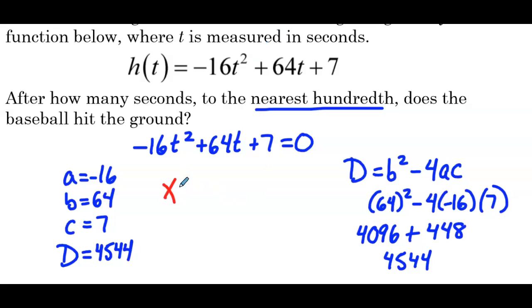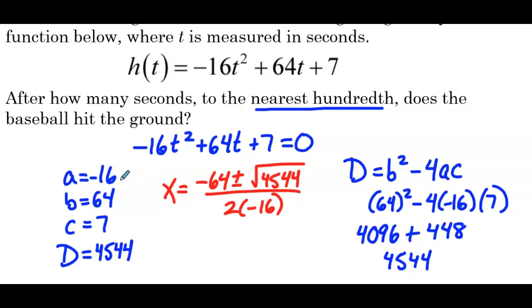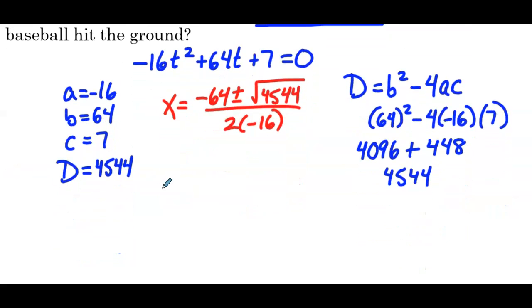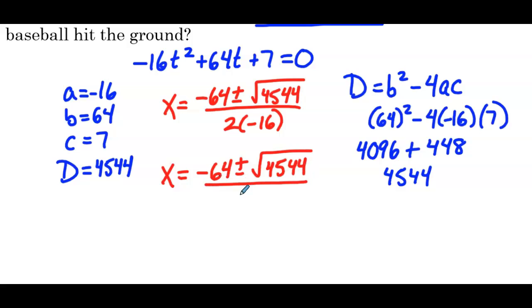So quadratic formula, x equals negative b, so negative 64, plus or minus the square root of the discriminant, 4,544, over 2a, so 2 times negative 16. So we have x equals negative 64, plus or minus the square root of 4,544 over negative 32.